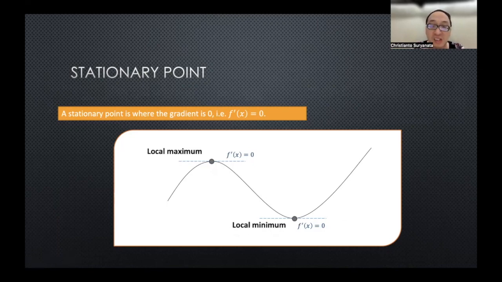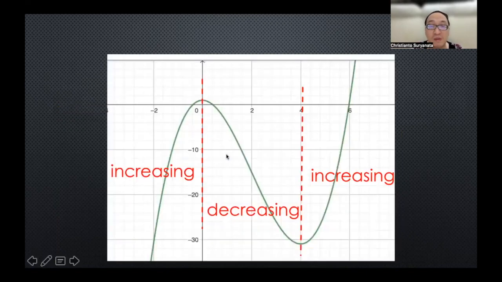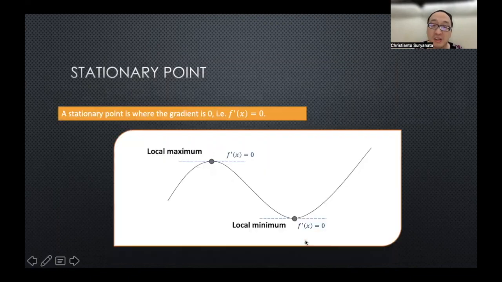So since the gradient equals the first derivative, at this point the first derivative should equal 0. So we call this a stationary point. From our example, we have two stationary points when the first derivative equals 0. So we have this, and we can differ them by the position.